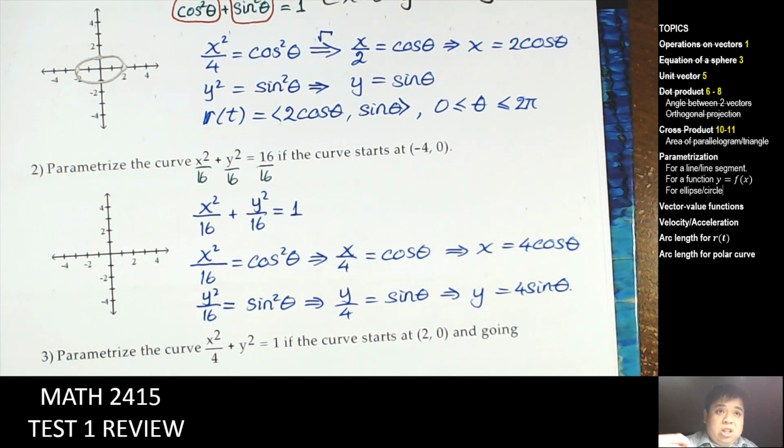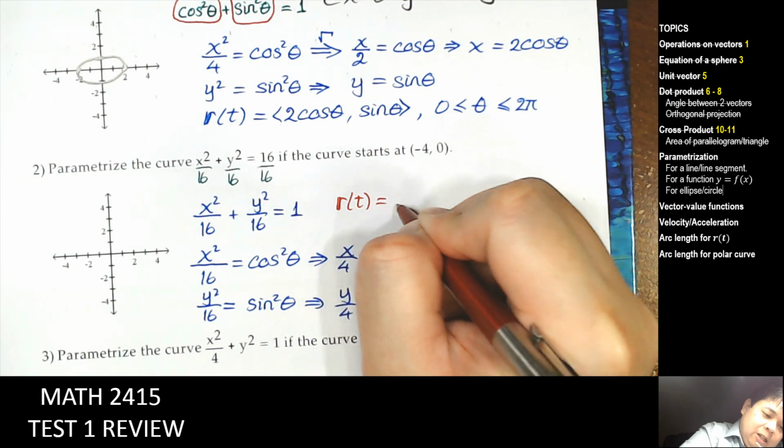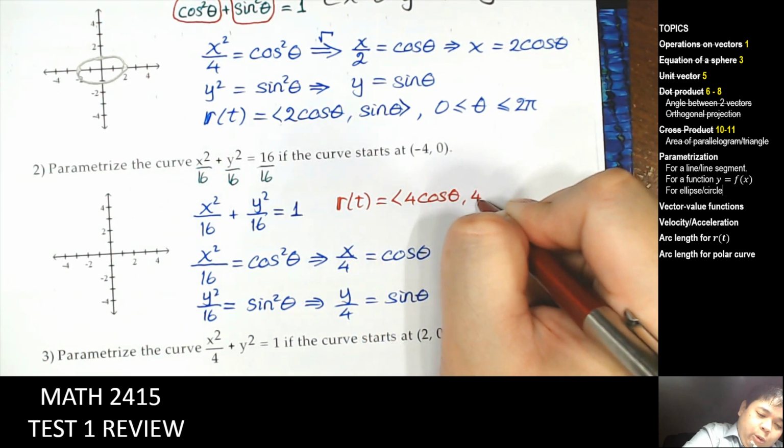Right, so we still have the same thing: 4 cosine theta for x, 4 sine theta for y.